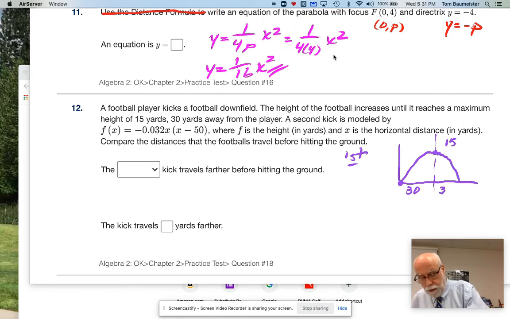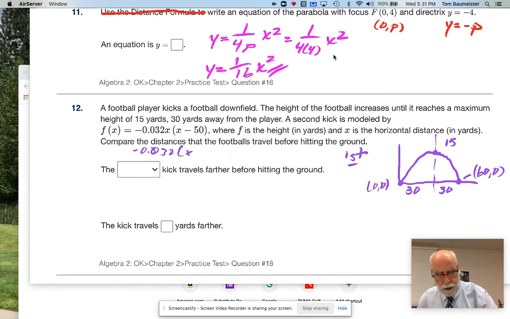And so we'll have 30 also here. So this point here is going to be 60 and 0 because it's on the x-axis. And again, at the origin, it was 0 and 0. For the second one there, remember, you can write that as 0.032 x minus 0 times x minus 50. And on that one there, you know your intercepts are going to be at 0 and 50.